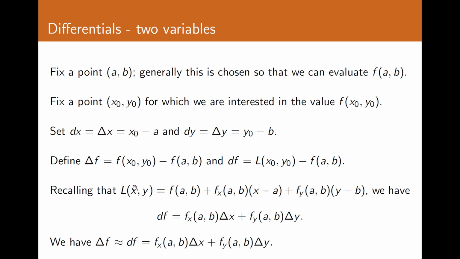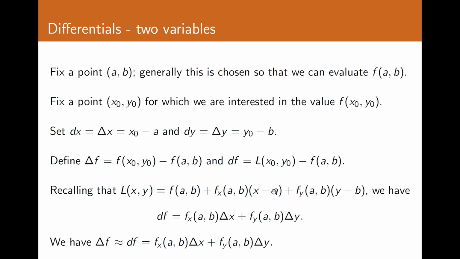So now if we recall the formula for what the tangent plane approximation was, it was given by this equation here. So notice if we put in x0, y0, here, if we look at what's going on here, so L of x0, y0 minus f of a, b, this f of a, b will cancel out, and then I'll get an x0 minus a, which is delta x, and a y0 minus b, which becomes delta y.